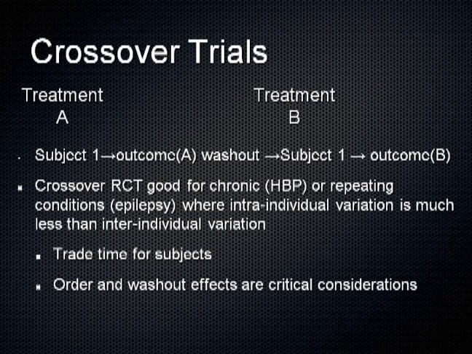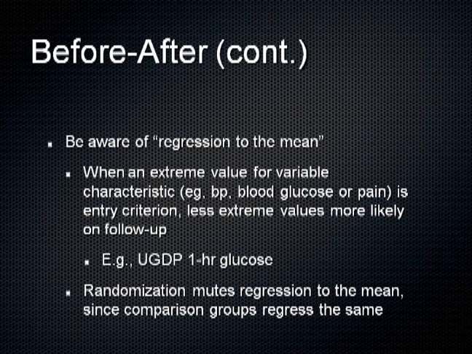You're trading time for subjects. You double the number of subjects by more than doubling the amount of time for the study. Order and washout effects are critical conditions. Make sure you randomize the order. Be aware that there may be some consequences of the initial treatment that do carry over. Is the washout period adequate?